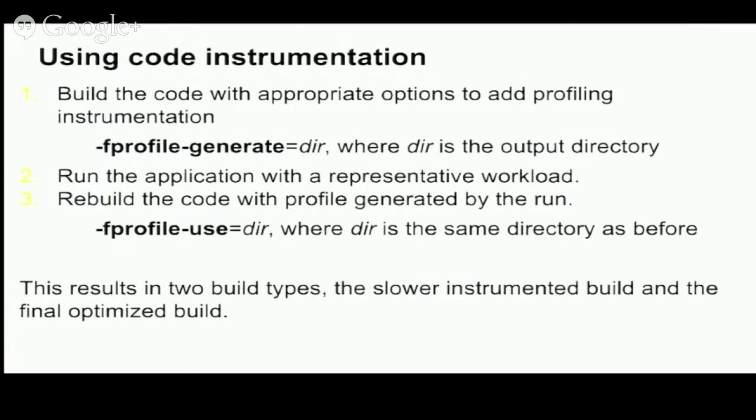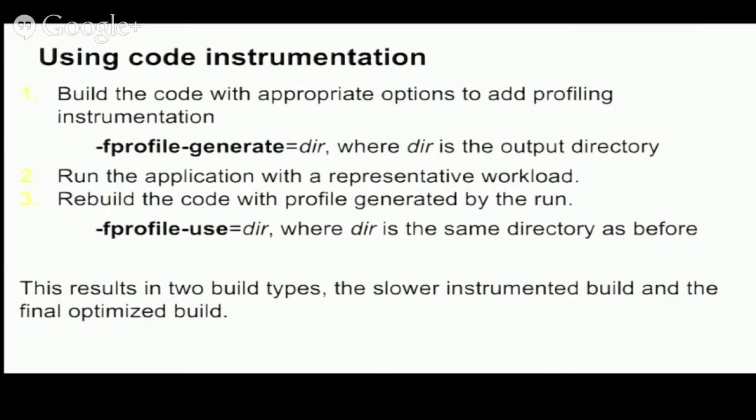So to turn on code instrumentation, you need -fprofile-generate, which then, when you run an application, will start outputting profile data into the directory specified. It's worth knowing at this point that really the workload that you run your application with is critical to this actually working properly.